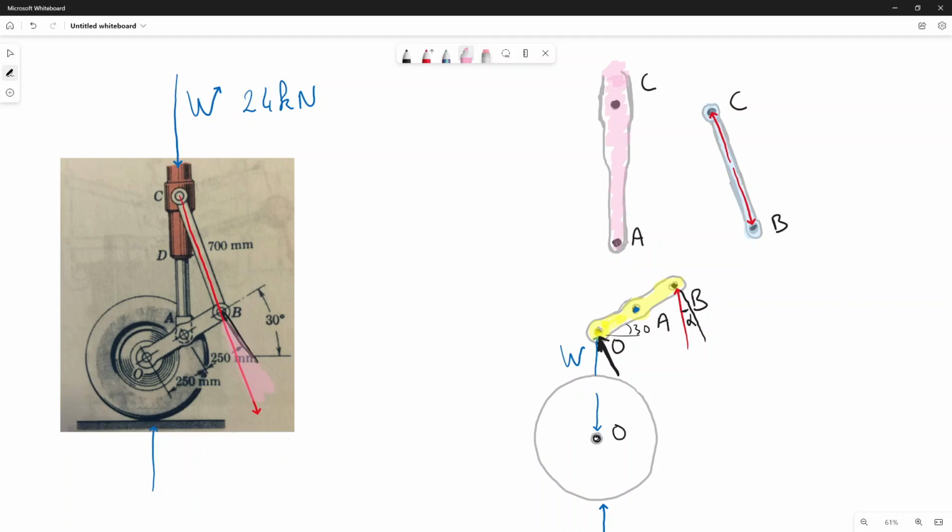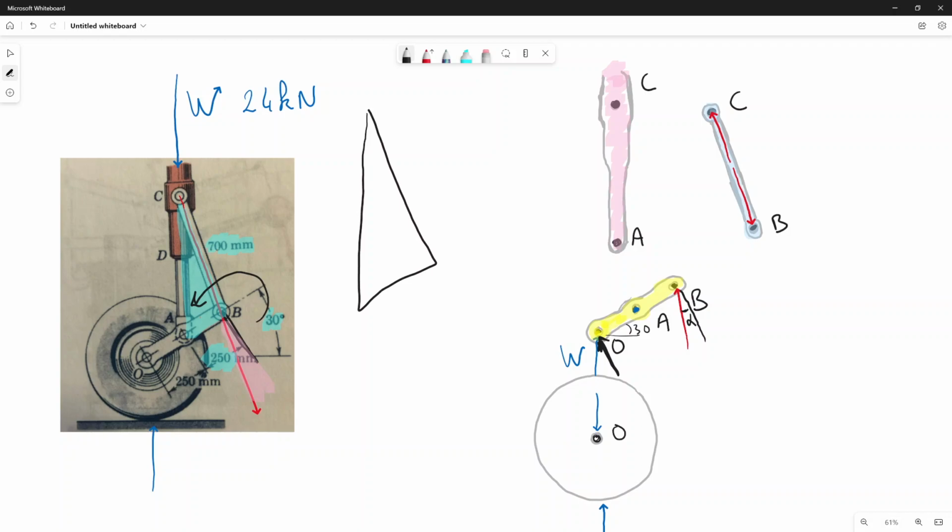So how can we find this angle? We will go inside that triangle. That is not a right triangle, but we know 250 for AB, 700 for CB, and we have this angle. So this angle can help us find the angle inside. Let me draw the triangle there.